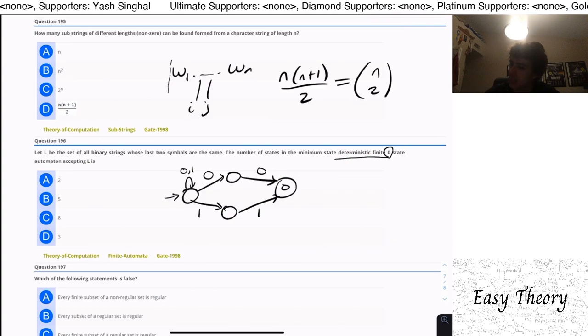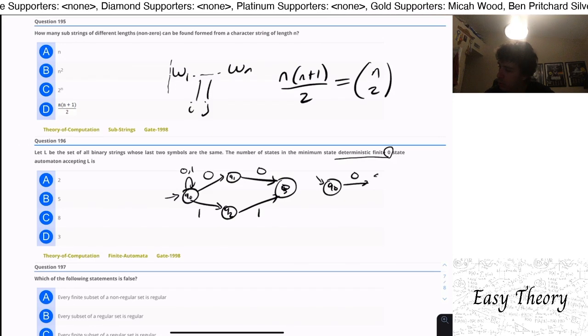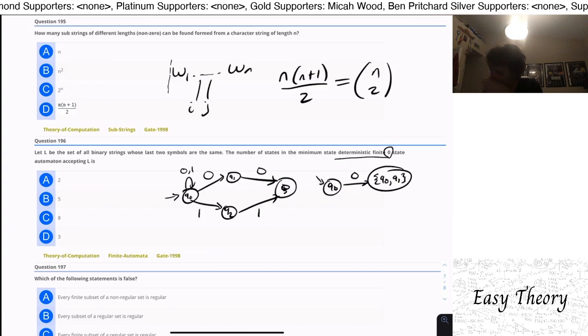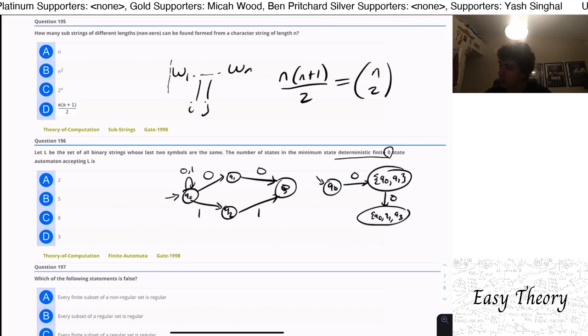So what's a DFA for this? Let's call this Q0, Q1, Q2, Q3. Q0 on input 0 will go to Q0, Q1. Then on input 0, it will get to Q0, Q1, Q3, and then it'll stay there on 0.